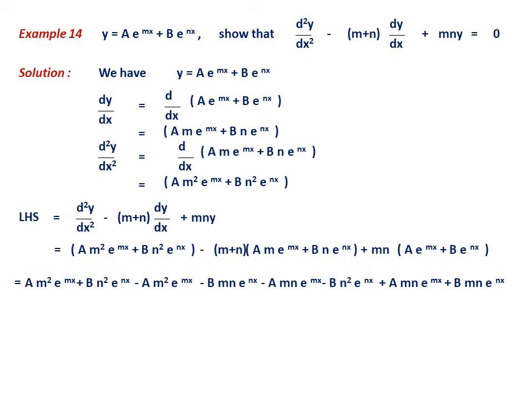Now you see here exactly, some are positive, some are negative, they cancel. So a m square e power mx minus a m square e power mx cancels. Similarly b n square e power nx minus b n square e power nx cancels. Then minus b mn e power nx plus b mn e power nx cancels, and minus a mn e power mx plus a mn e power mx cancels.